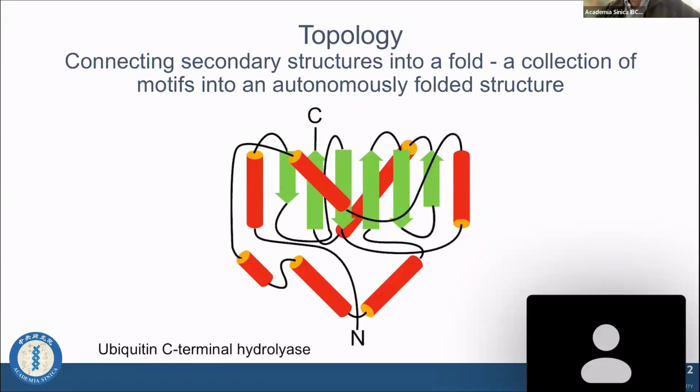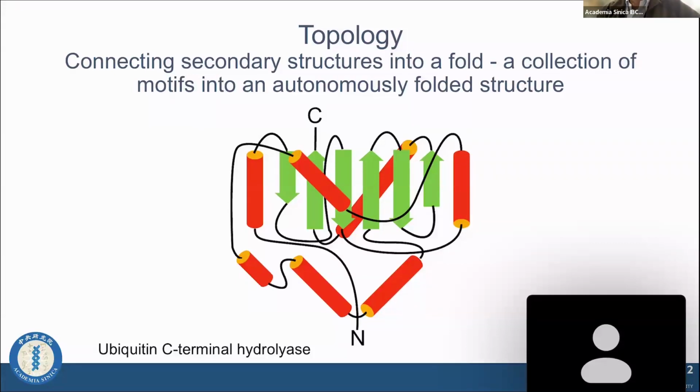Coming back to topology, this is quite different from the topology some of you use in mathematical terms or in topological materials. In protein structure, a topology is defined as the way the individual secondary structures are connected in space.